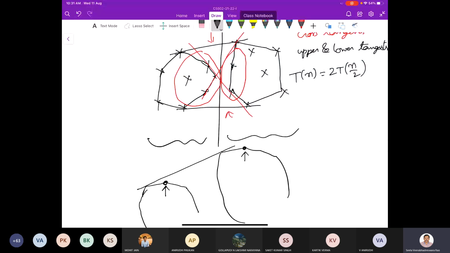If you can merge them in linear time, then the overall time complexity becomes n log n. So we want to find the upper tangent and lower tangent within linear time. That is our target. Otherwise, we cannot get n log n time. So how can we get this upper tangent in linear time? That is the question.